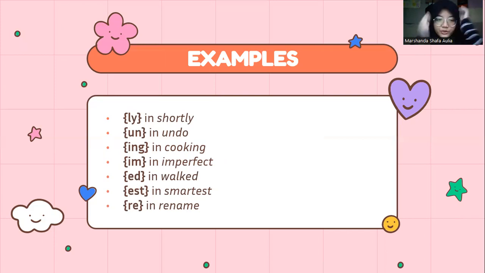So if you look at this, we can identify short, do, cook, perfect, walk, smart, and name are the lexical morphemes, while the prefixes and suffixes are the grammatical morphemes.